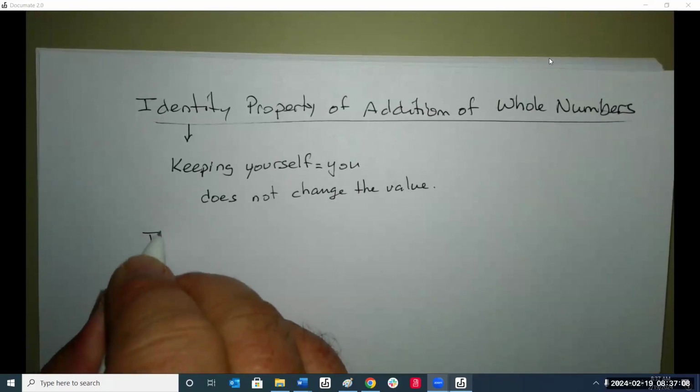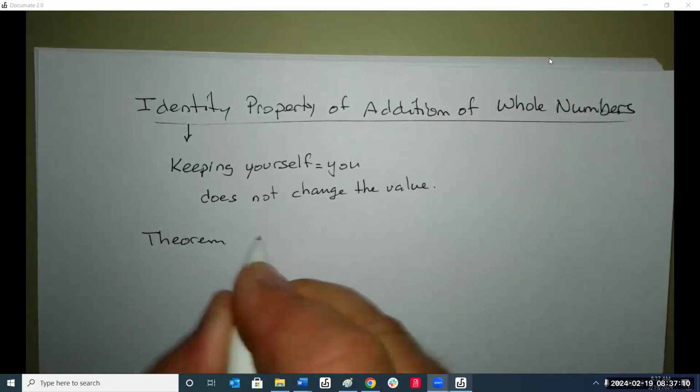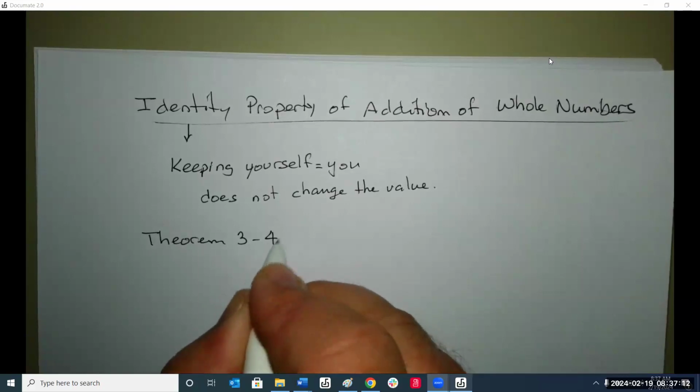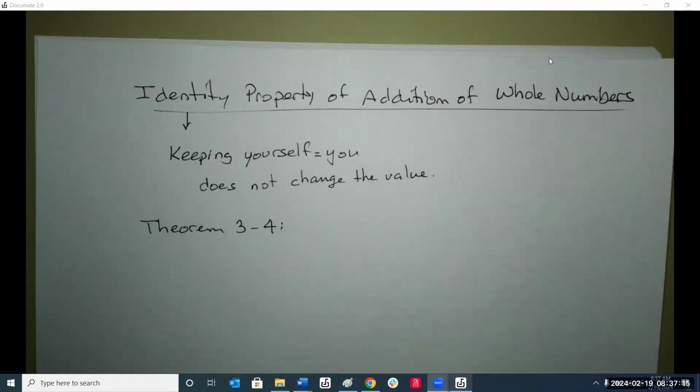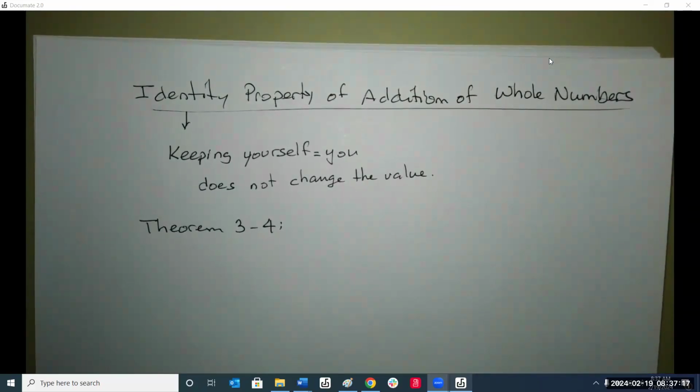Okay, here's a theorem. Because we're going to look at these properties also with the other operations, subtraction, multiplication, division, to see which ones work, which ones don't.